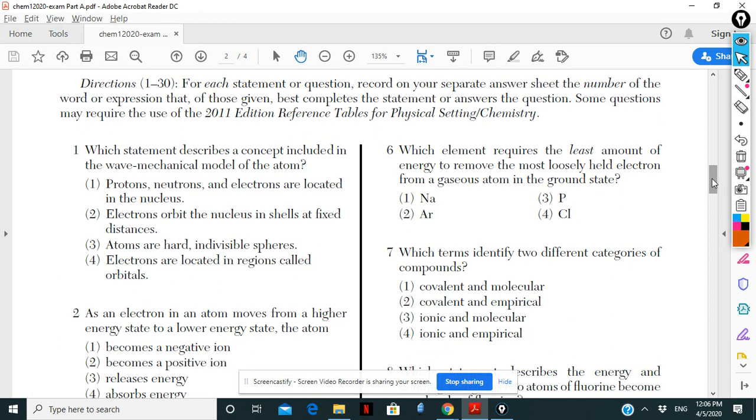In the first one, which statement describes concepts included in the wave mechanical model of the atom? The wave mechanical model is the latest model of description for the atom. That comes after the idea that the atom cannot be divided, that's a Greek model. After that, it's covered by J.J. Thomson that there are negative subatomic particles, which are the electrons.